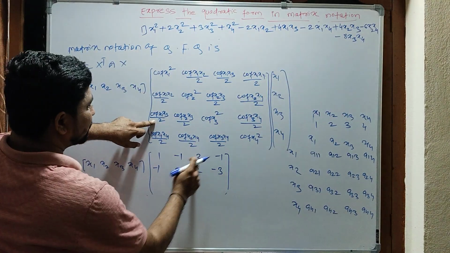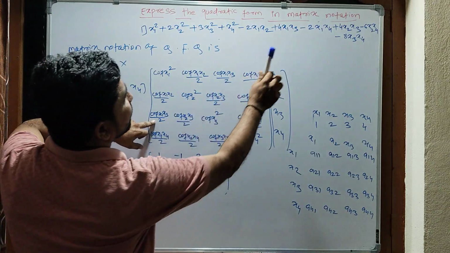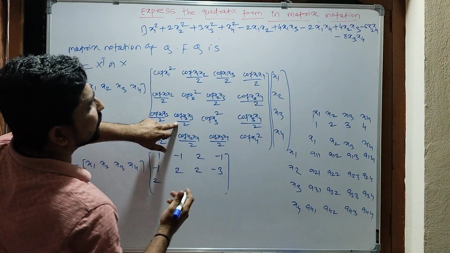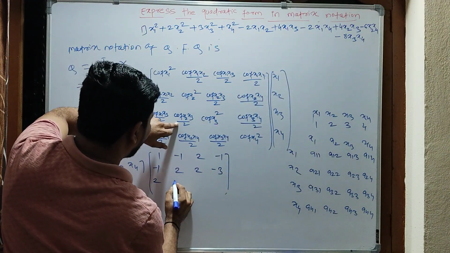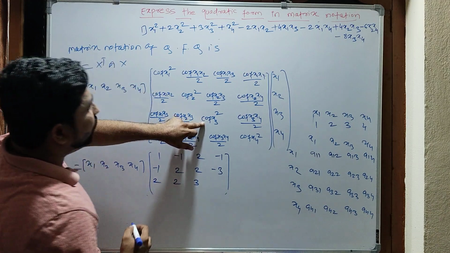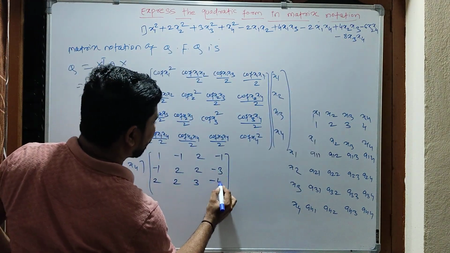Coefficient of x1 x3: this is swapped with this here, but here I will write the coefficient of x1 x3, that is 4 divided by 2. x2 x3 is 4 divided by 2. x3 square is 3. Coefficient of x3 x4 is minus 8 divided by 2, minus 4.